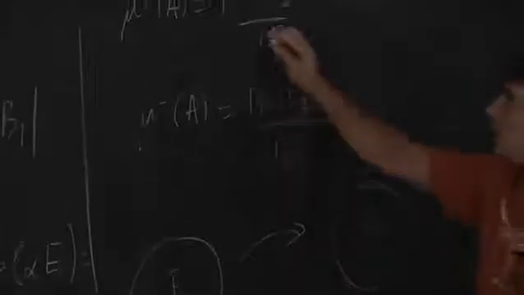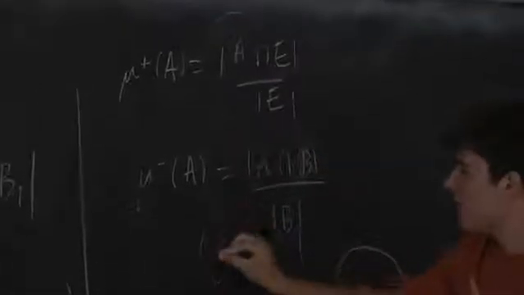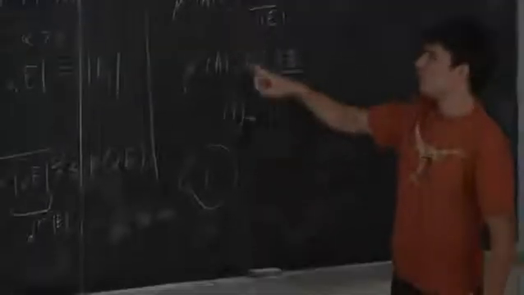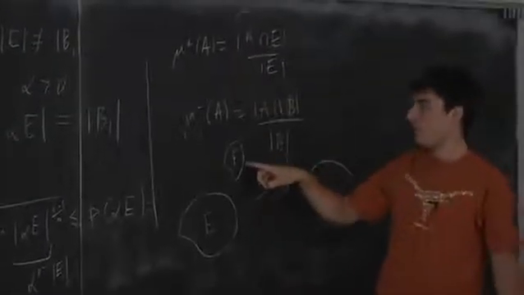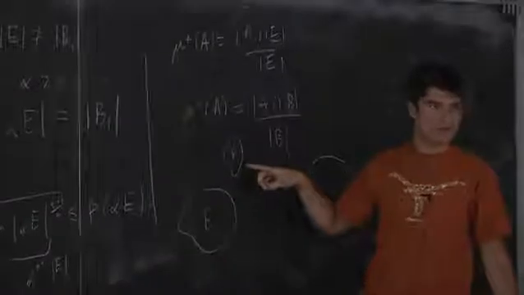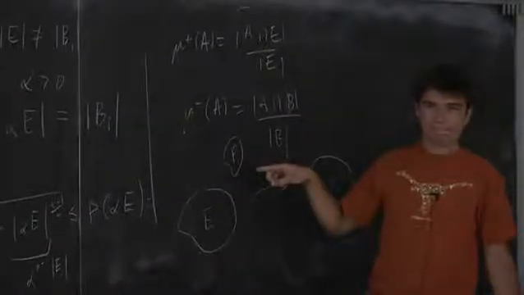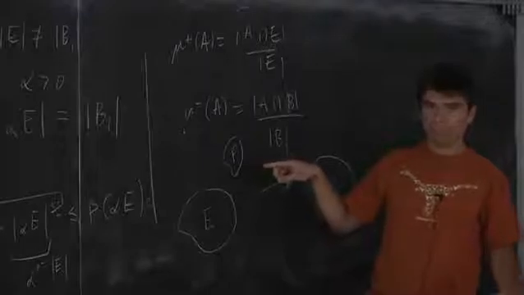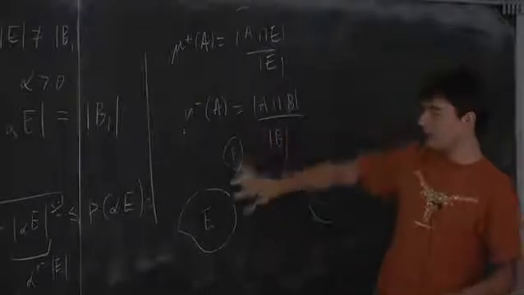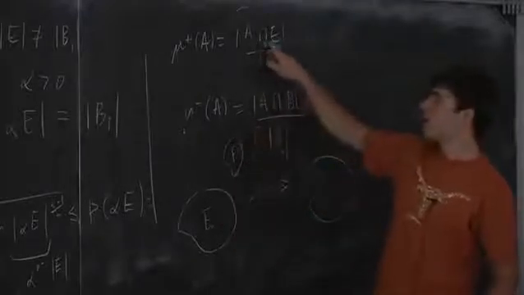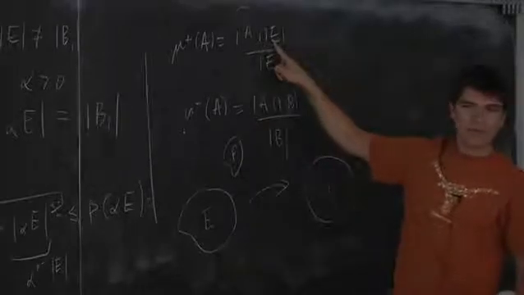So mu plus, if you're a set F here, then mu plus has what volume with respect to this set? So the sets are disjoint, right? So when you do F intersected E, you get the empty set.